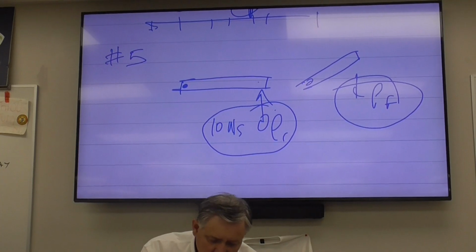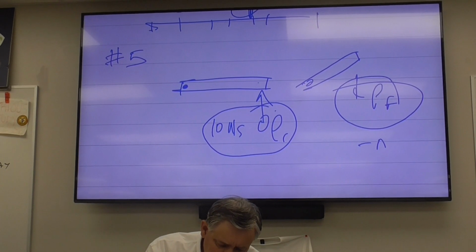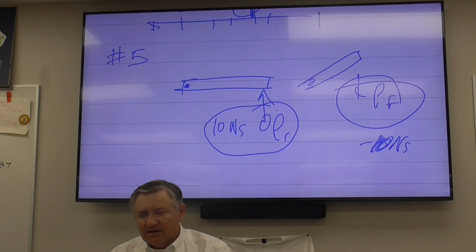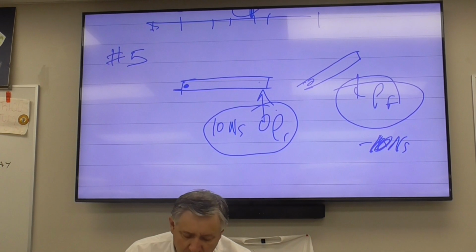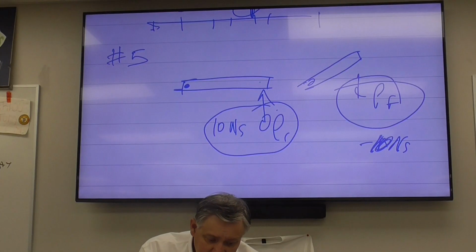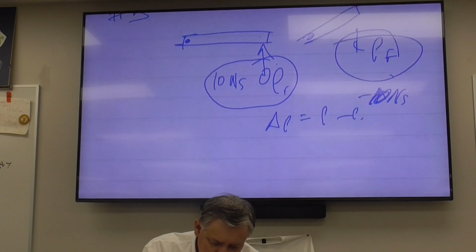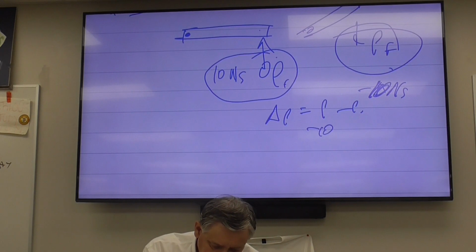Negative. Negative 10. I'm going to make the math easy and say that's negative 10 Newton seconds. So am I changing momentum? Momentum final minus momentum initial, which is going to be negative 10 minus 10.